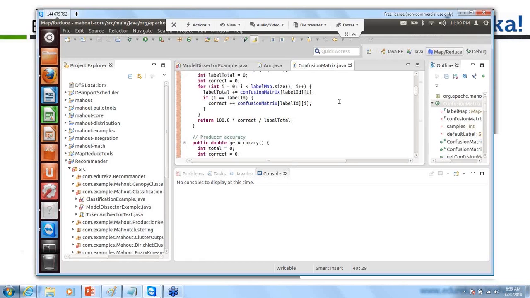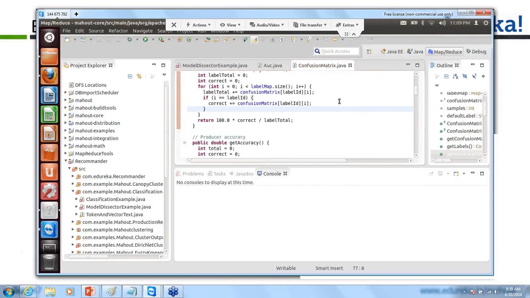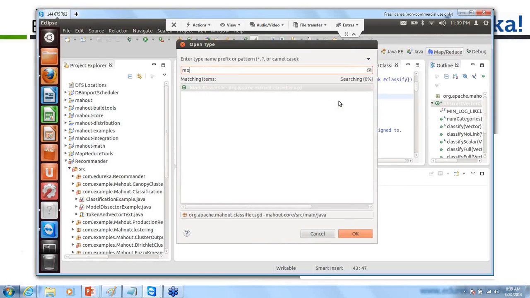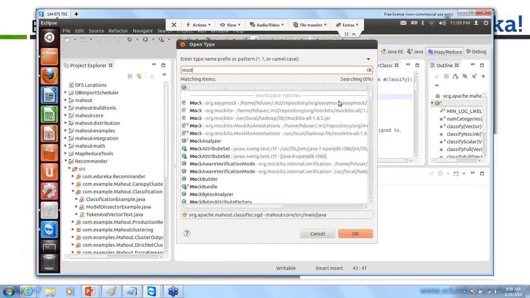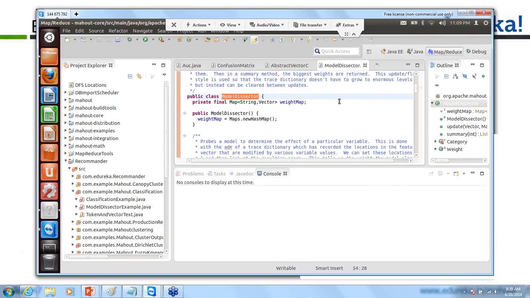You will have to extend the abstract vector classifier, which is an abstract class, and then use the model dissector to create your own strategy to find out which feature gives more weightage to the output.